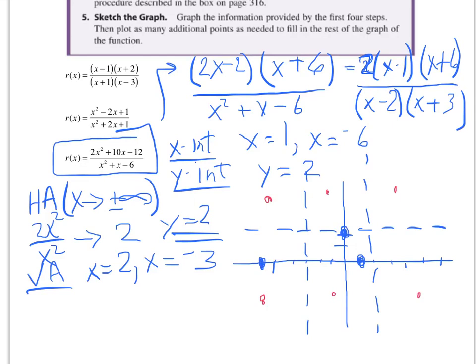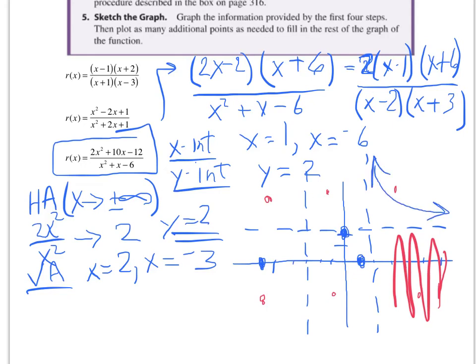Now we know that the graph can't be in here, because that would mean we'd have to have another x-intercept, which we don't have. So that means the graph must be here in order for the asymptotes and intercepts to be correct. Similarly, we know that the graph can't be up here because it has to have that x-intercept down there.